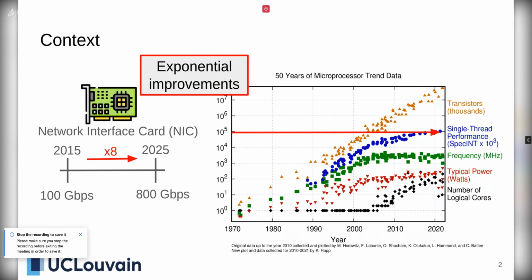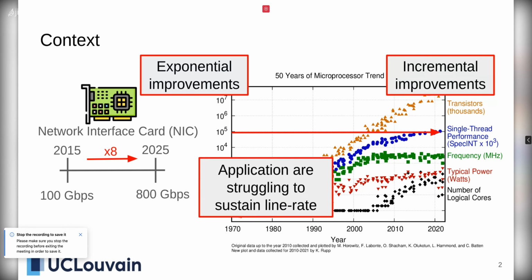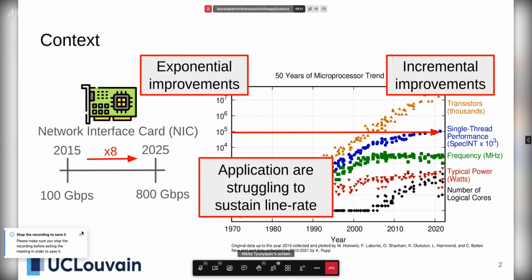So on one side, we have exponential improvements of the device that brings data to the CPUs, but at the same time, the improvement of the CPUs themselves is incremental. The issue right now is that applications which need to process packets are struggling to reach line rate. They are struggling to keep up with the network.